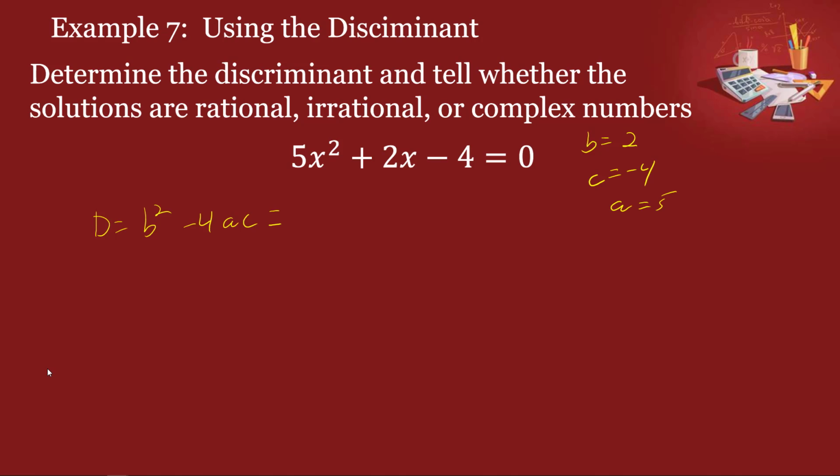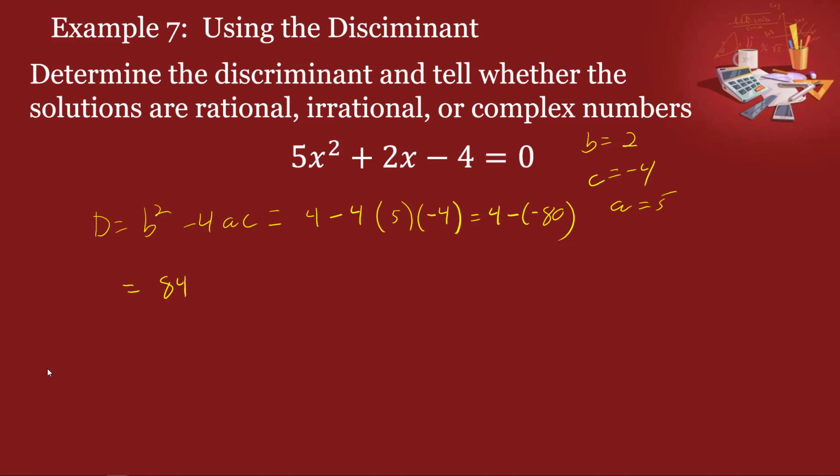So this is going to be equal to 2 squared, which is 4, minus 4 times 5 times negative 4. Okay, 4 times 5 is 20. 20 times negative 4 is negative 80. That will be 4 minus a negative 80, which will give us positive 84.